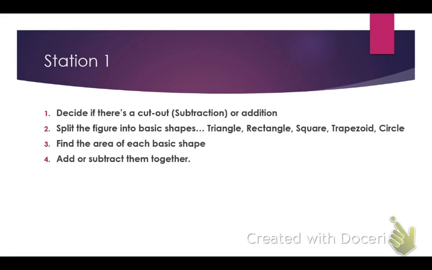Step 4 is to add or subtract them together. And then the last step, step 5, what do all area answers look like? Squared. So you're going to answer in square units. Square feet, square inches, square miles, square whatever.